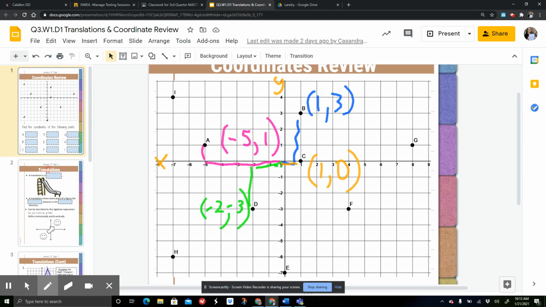E, you're not going to go left or right, you just go straight down. So you're at 0 because you didn't go left or right, and then -7. That's 0, -7. F, we're going to go from the origin right 4, that's a +4, and then down 1, 2, 3, so that's -3.